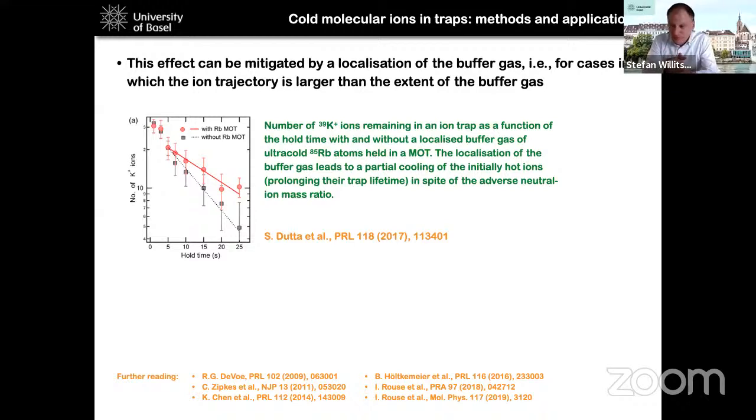The first one to point this out was again our chairman Sadik in a paper from a few years ago, where it was shown that if you have a localized atom cloud, say in a MOT, and an ion whose initial trajectory is much larger than the extent of this atom cloud, then you can still get buffer gas cooling, even though the buffer gas is much heavier than your ion. So these are localization effects that also play an important role here.